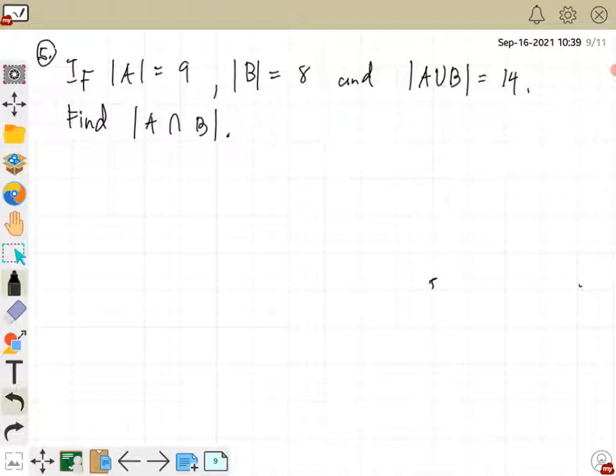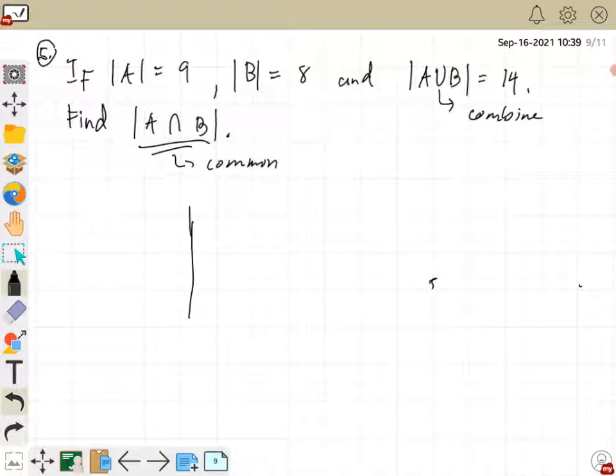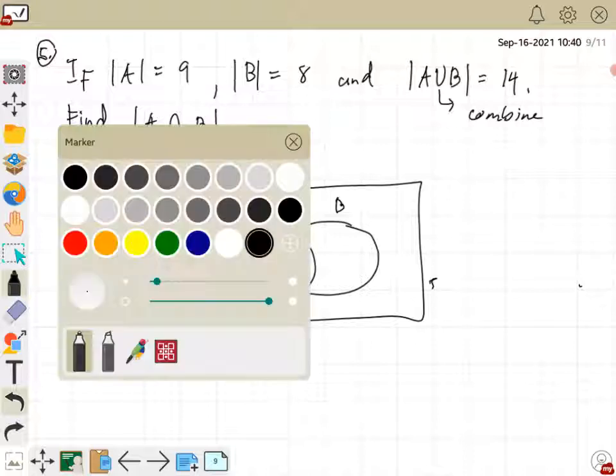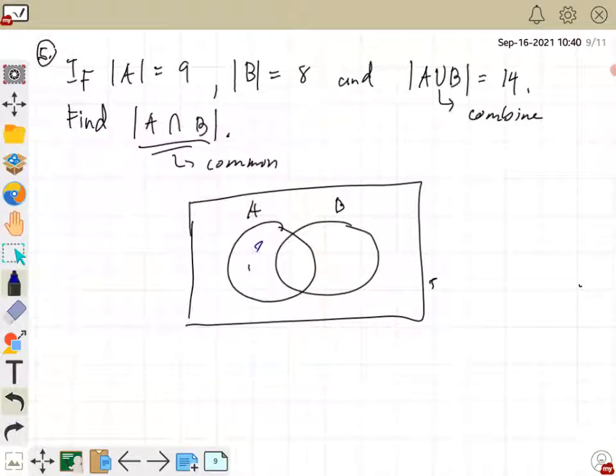Remember, this is combined, A union B, while A intersection B means common. If we use a Venn diagram, this is A, this is B. If we combine this portion plus this portion plus this one, we only get 14.